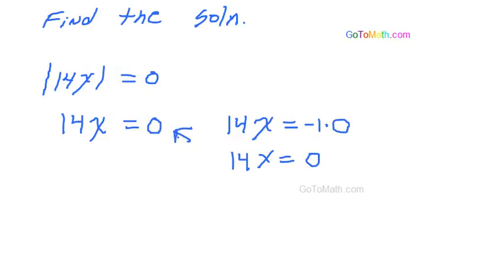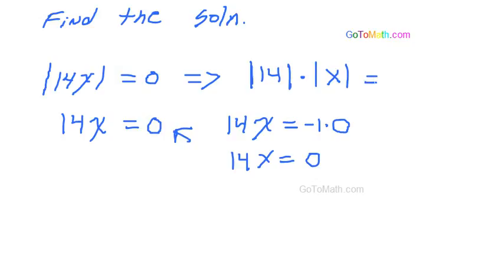Now another way you can look at this is that you can break this up into two separate absolute values. You have the absolute value of 14 times the absolute value of x. And a lot of times you'll see this. Well, what's the absolute value of 14?